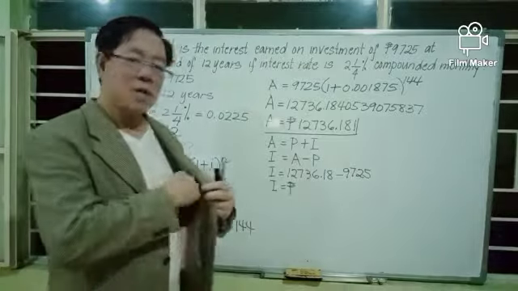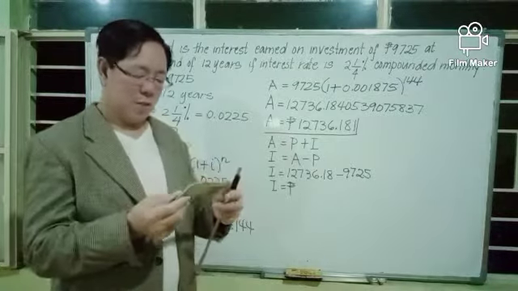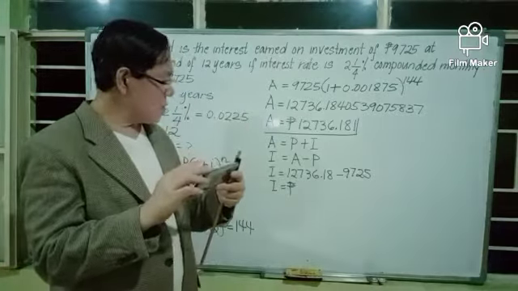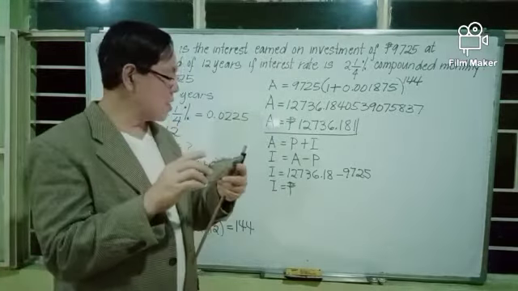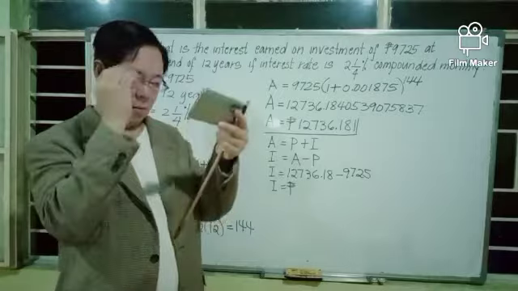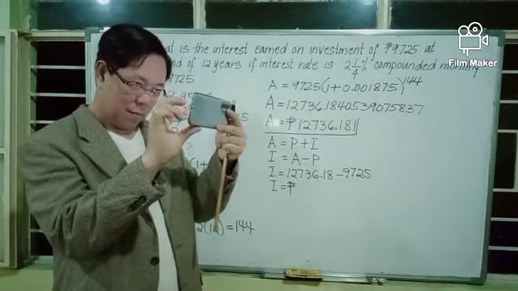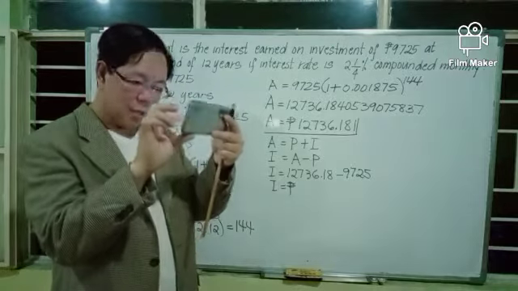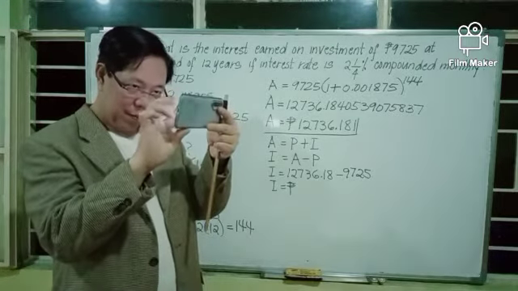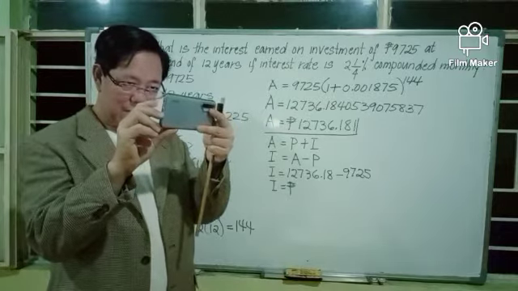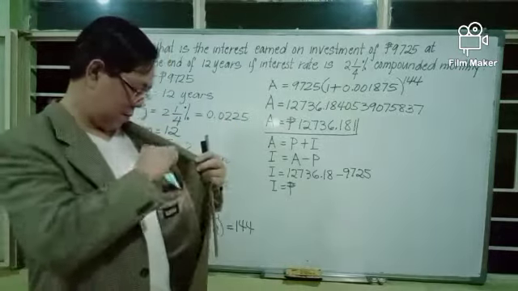And we compute the difference using our calculator. 12,736.18 minus 9,725. And you should get 3,011.18.